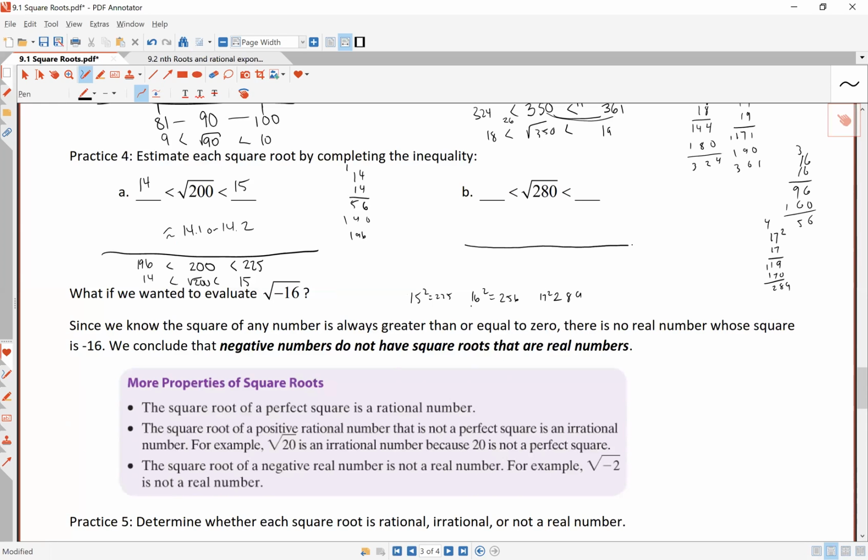So we've got it located between 225 and 289. Sorry, not 225, 256 and 289. So in between 16 and 17. And 280 is much closer to 289 than it is 256, so we might say 16.7.